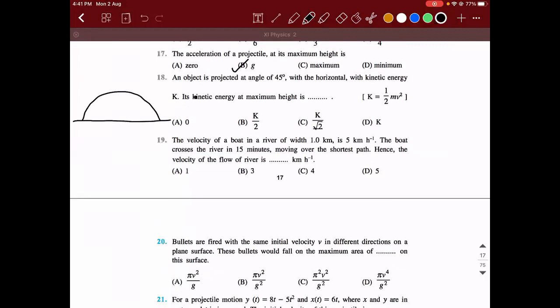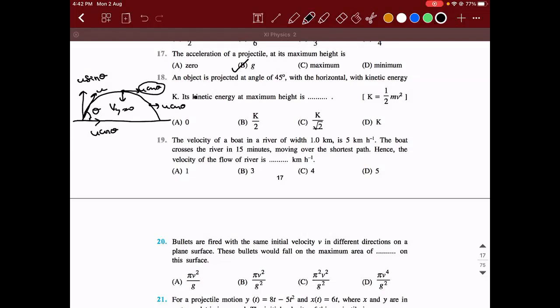I've told this to you guys already. U cos theta, and this is U sin theta, and this is U, if I take this as theta, correct? So what is going to be the horizontal component of velocity? Is it not always a constant, U cos theta? Whereas at the highest point, U cos theta is there, but the vertical velocity here is 0.